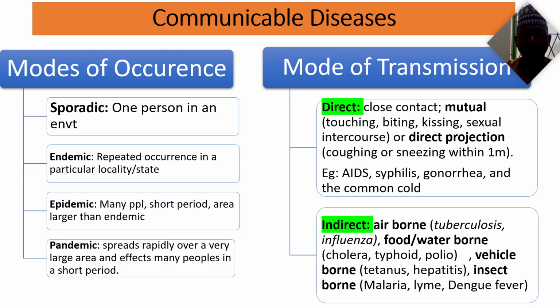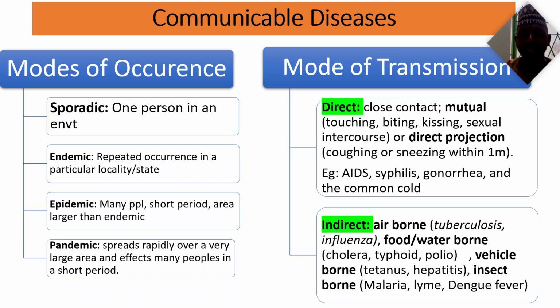Now we have another type of transmission mode for communicable diseases, which is indirect transmission. Indirect transmission involves acquiring the pathogen from the environment, not due to close contact with the infected person. That means the pathogen is from the environment. There is no close contact, no mutual contact or direct projection from an infected person to another person.